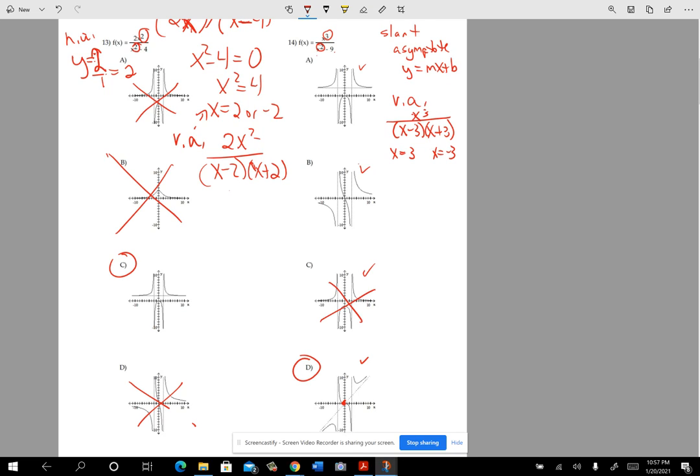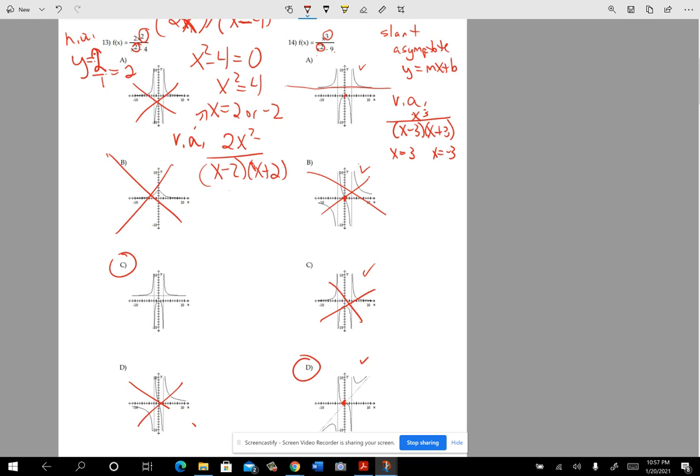So that one's out because it doesn't cross at 0, 0. This one crosses at 0, 0, but there's a different reason why it's out, and that's because that horizontal asymptote should not look like that. This one's at 0, 0, okay, but it has a horizontal asymptote right there at the x-axis, so that's out.